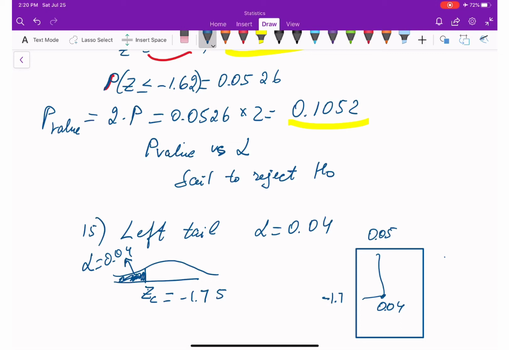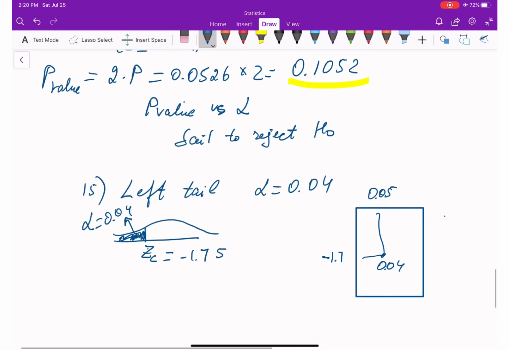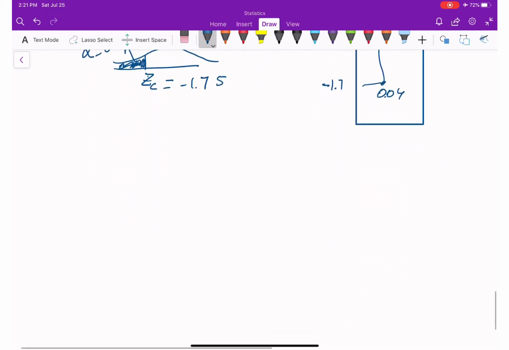Number 16. So right tail, we need to find the right tail. I mean, in this case, we are going to deal with the right tail. So what are we gonna do with this? We have right tail.